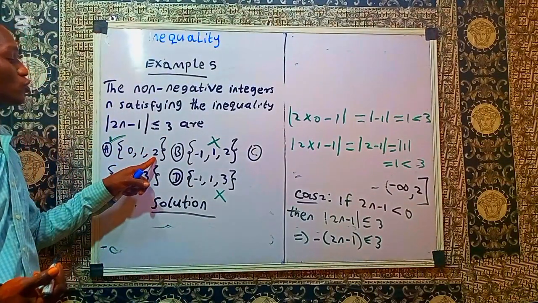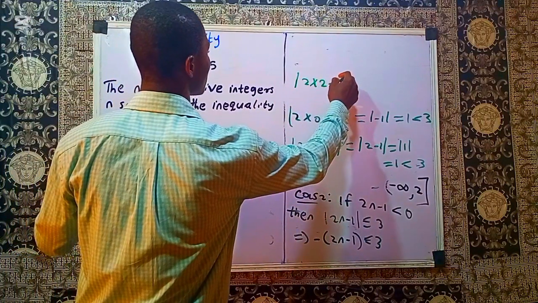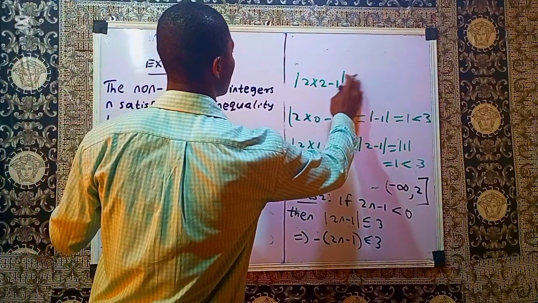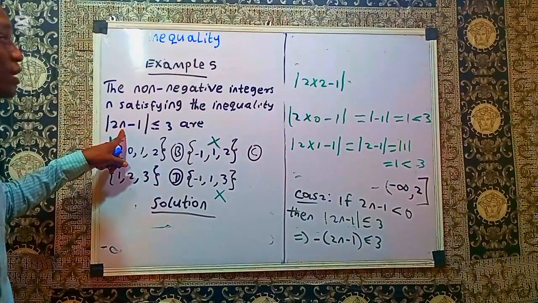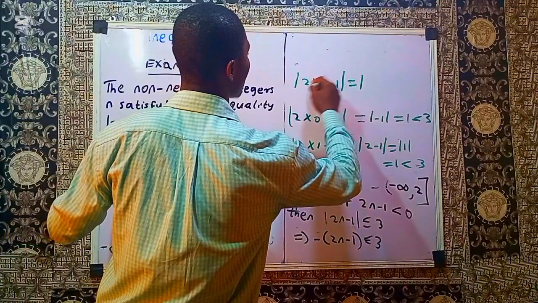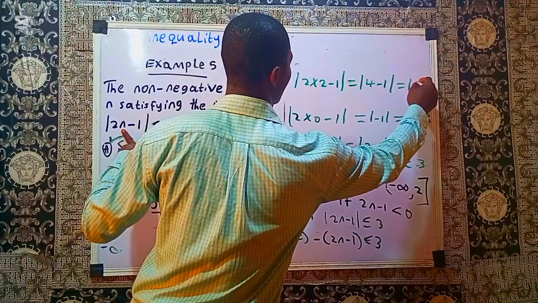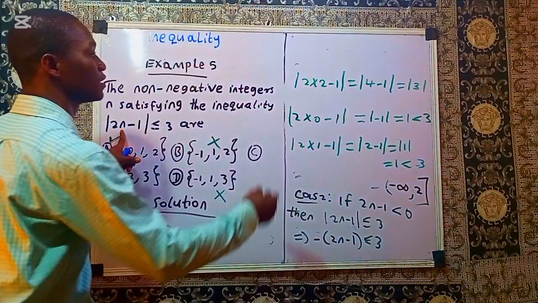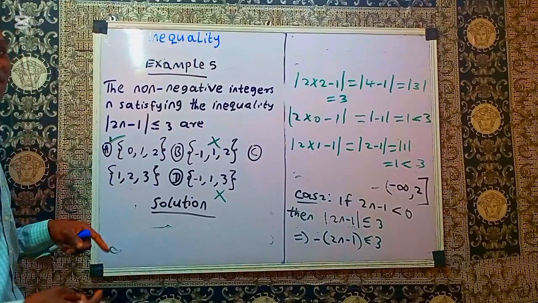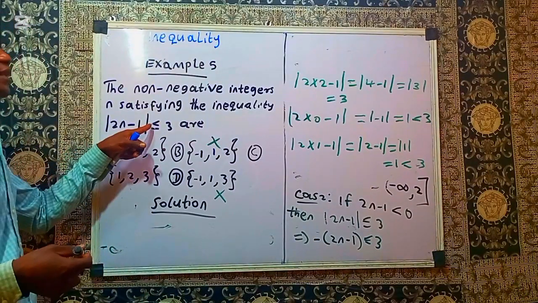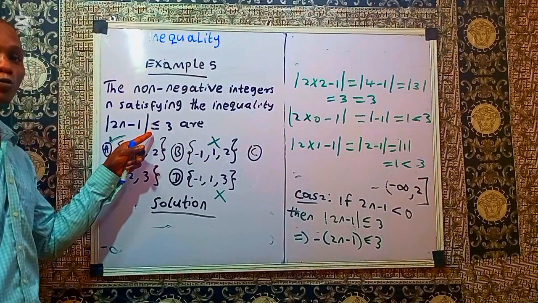Okay, let's check 2. Put n as 2 here. You are going to have the absolute value of 2 times 2 minus 1. 2 times 2 is 4, minus 1, so this is the absolute value of 3, which is 3. And 3 is of course equal to 3, because here you have less than or equal to.